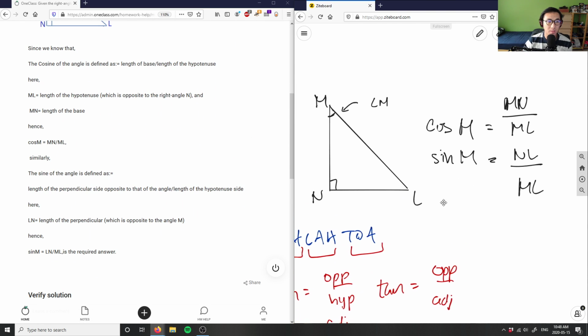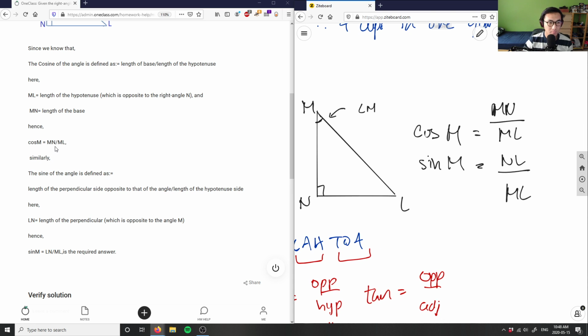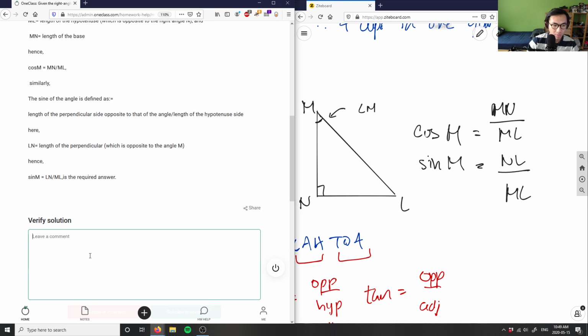So as you can see, these are the correct solutions. Cos M is MN over ML, and sine M equals NL over ML. So these two solutions are correct.